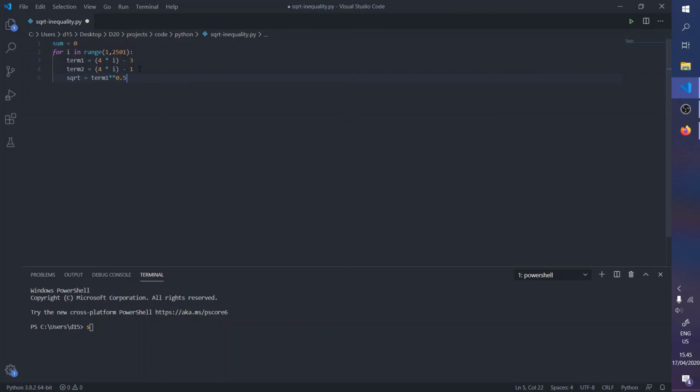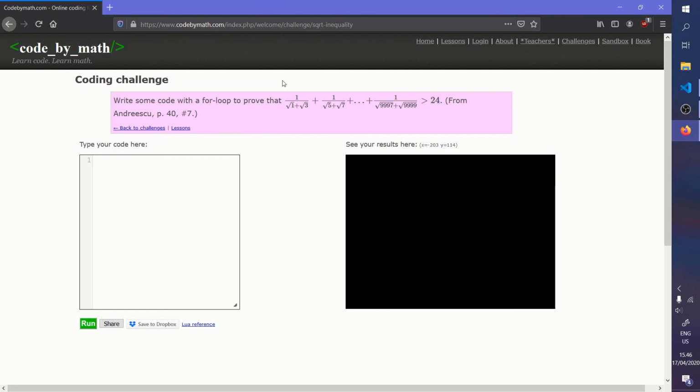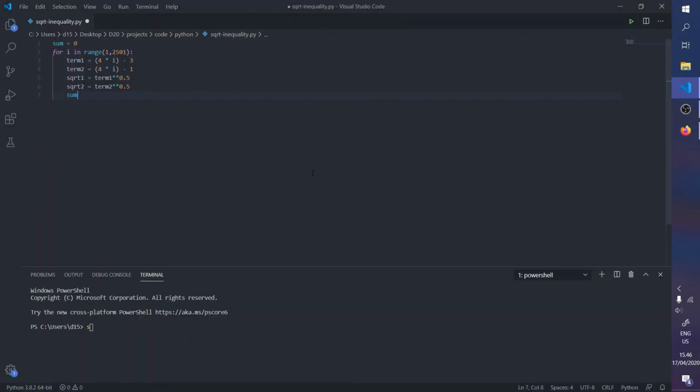And then you want to do the second square root because you're going to square them both. And then we can finally have this one block: sum plus the reciprocal of the two square roots added together.